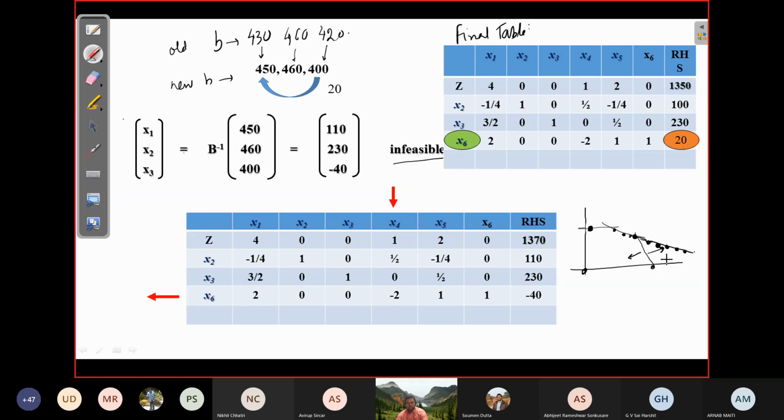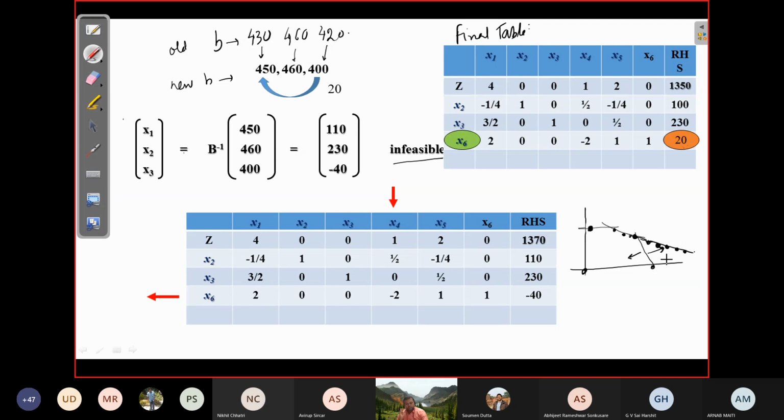Non-negative slacks. Value of slack should be non-negative. No, listen to my question. I want to express mathematically that the current base will remain feasible and optimal for the changed small b. So how to put this statement mathematically?